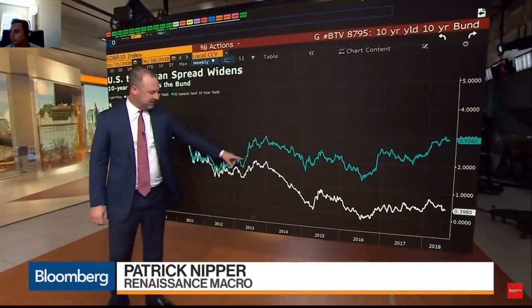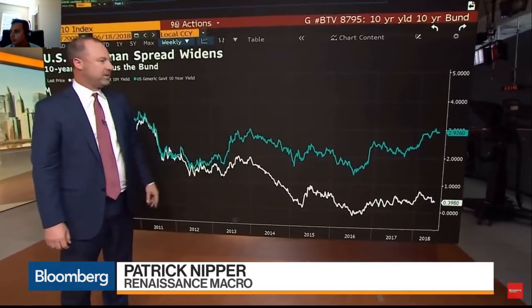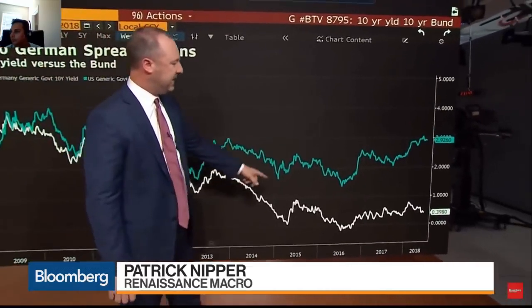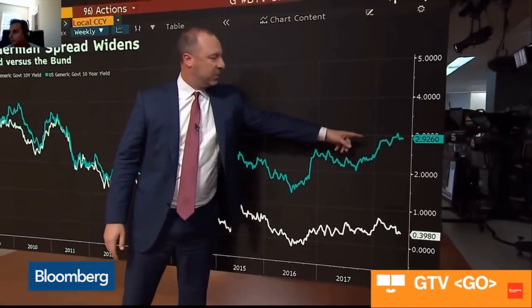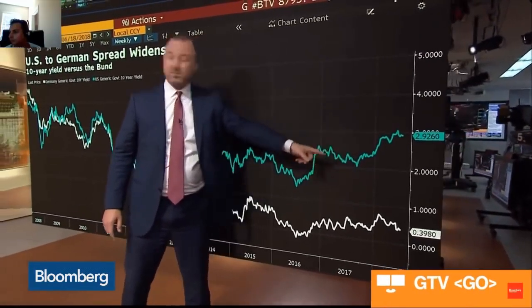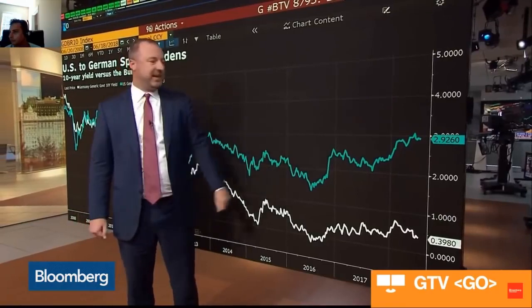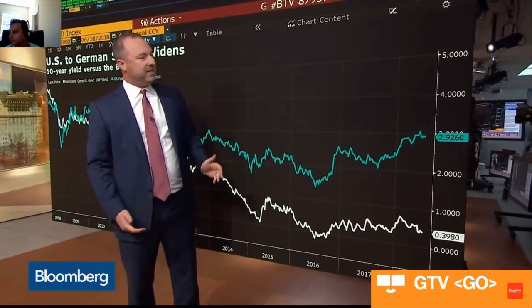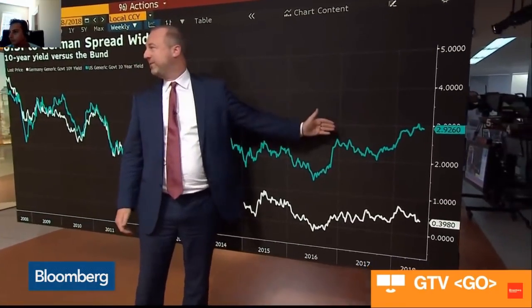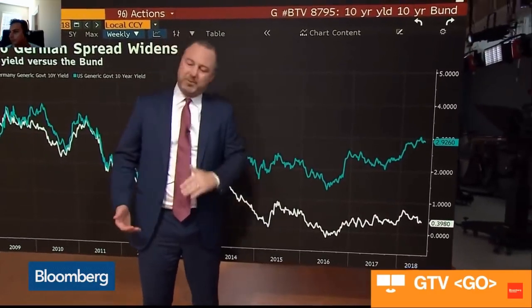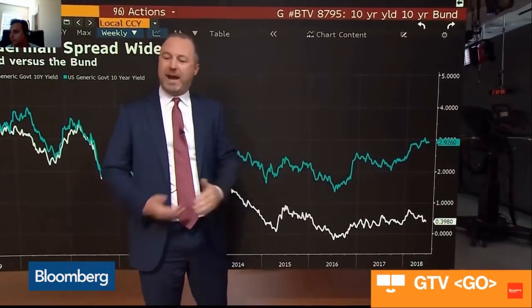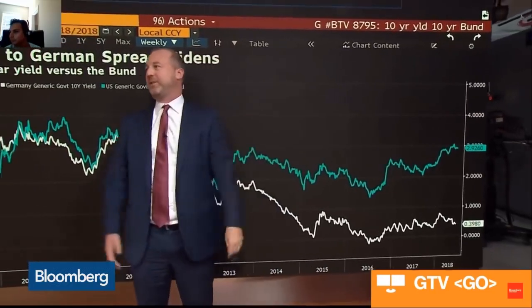Then you started to see a divergence right around 2013, and it continued to widen. That spread has widened pretty consistently over the past couple of years to where we are now. This is about the widest that this spread has been in about 10 years. What that means is that interest rates are more attractive in the United States than they are in Europe. So where's capital going to go? Capital is going to flow into the U.S., and if capital is flowing into the U.S., that's good for the dollar.